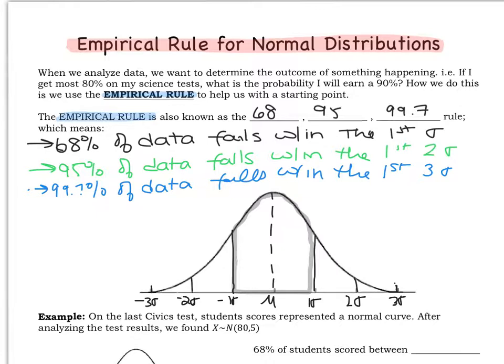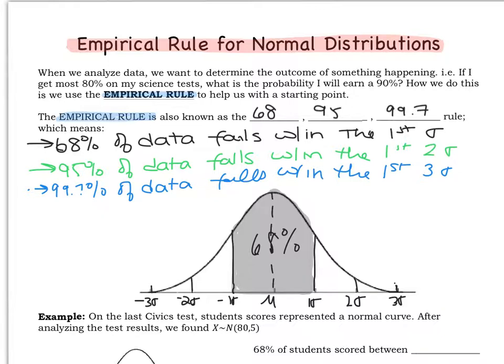This value right here, 68% of your data, makes sense because that's the biggest area of your bell curve, the vast majority of your data.